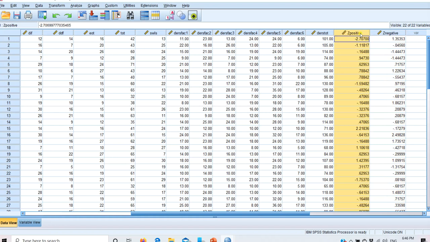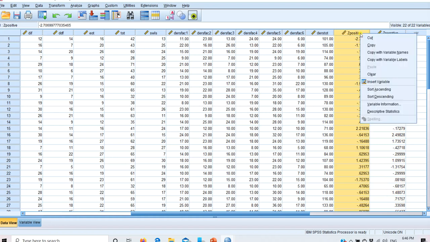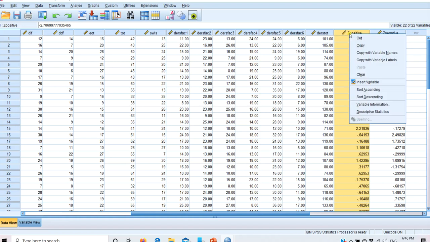So to identify if any case has a value greater than plus minus 2.5 or plus minus 3, we will sort. So we will select here, right click, and then sort ascending.